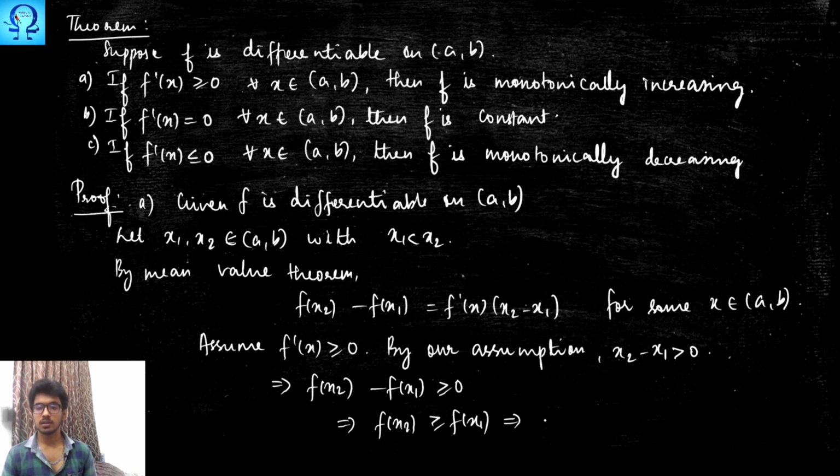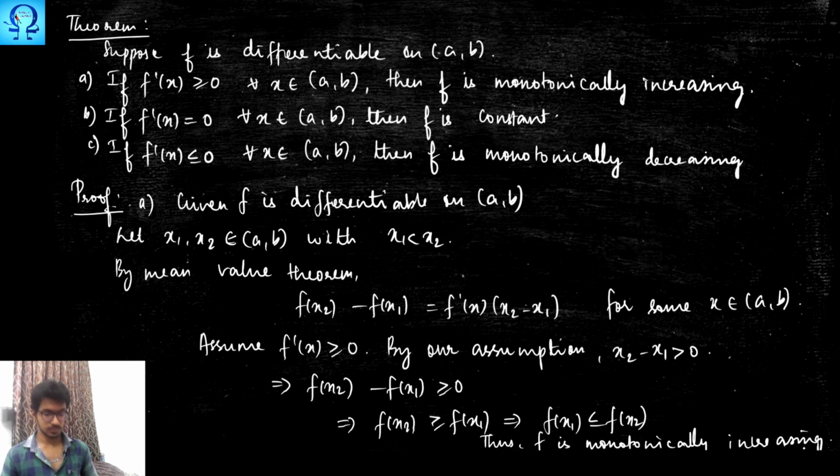This may be written as f of x1 less than or equal to f of x2. We started with x1 less than x2 and finally we proved f of x1 less than or equal to f of x2. Thus, f is monotonically increasing.